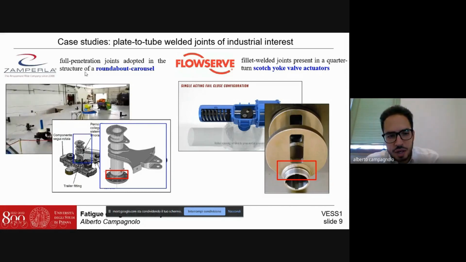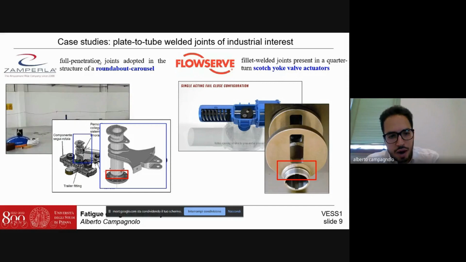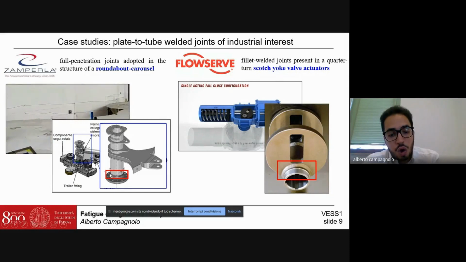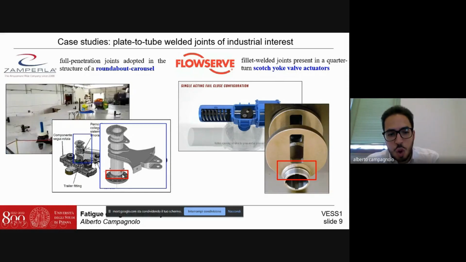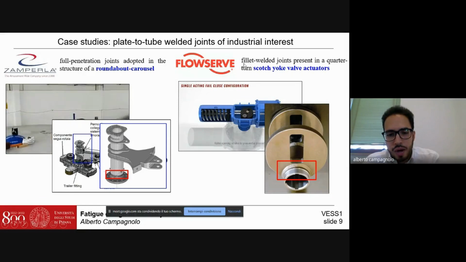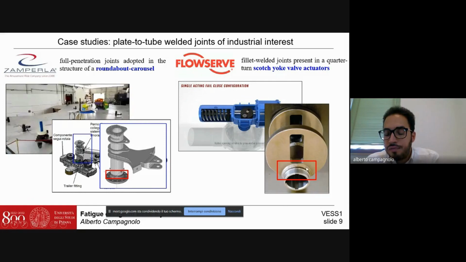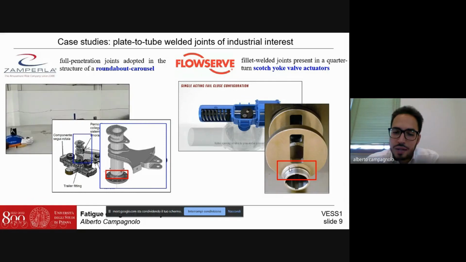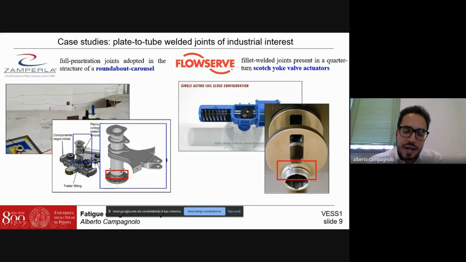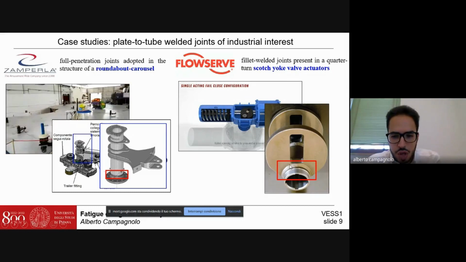This means that when full penetration joints are generated, only the weld side is present, there is no weld root, while when using fillet welded joints, the joint presents both the weld side and the weld root side as possible critical locations.